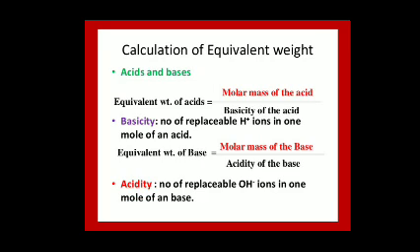Magnesium hydroxide: gram molecular weight 58, its acidity is equal to 2, therefore equivalent weight of magnesium hydroxide is equal to gram molecular weight 58 by acidity 2, that is 29.